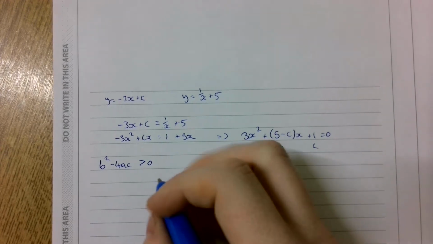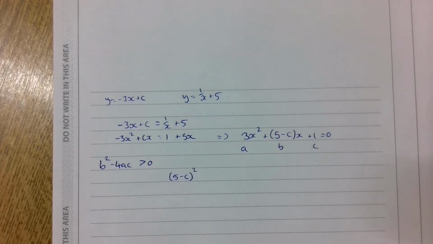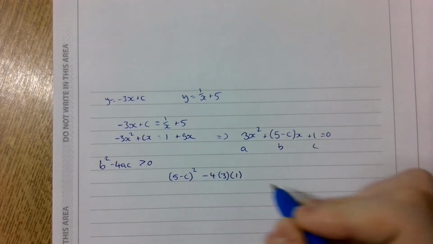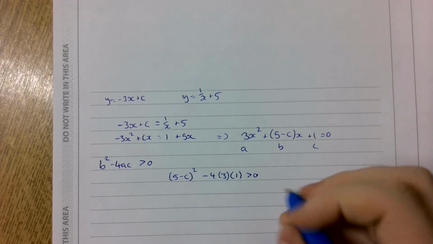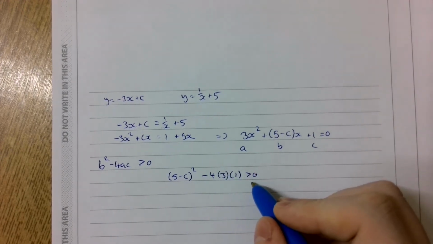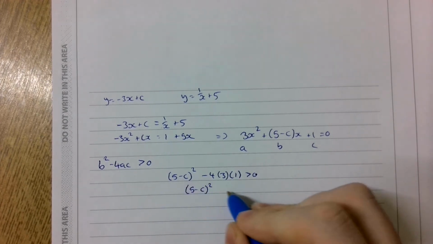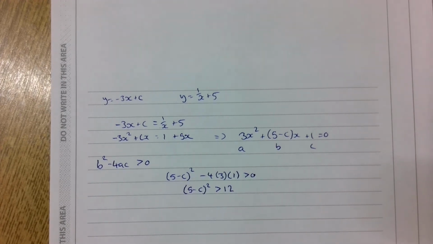That gives us 5 minus c all squared, that's our b squared, minus 4 lots of 3 lots of 1 is larger than 0. You can see that this becomes 12, and moving that over to the side, this gives us 5 minus c squared is larger than 12, which is exactly what we're asked to show. So we've nailed that one.